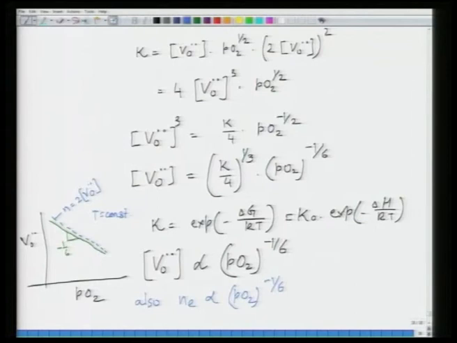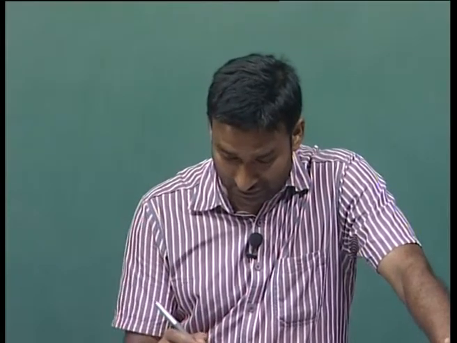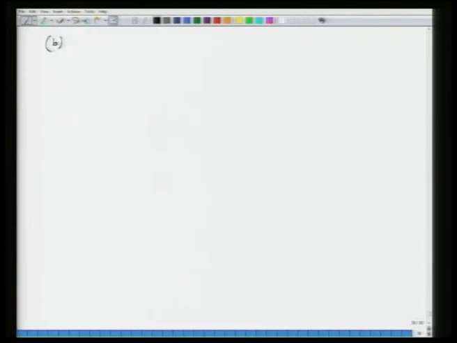What happens when your metal is in excess? So the second case, case B, is when Vm dominate.